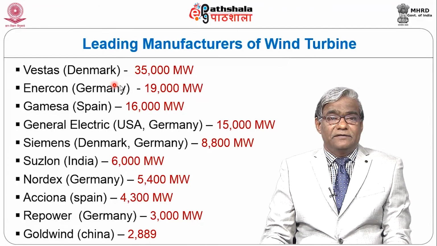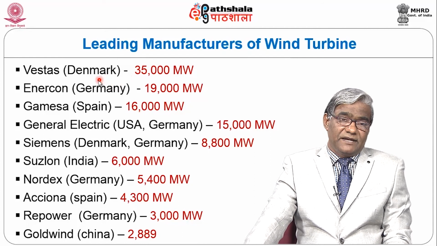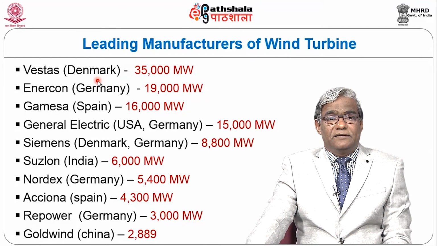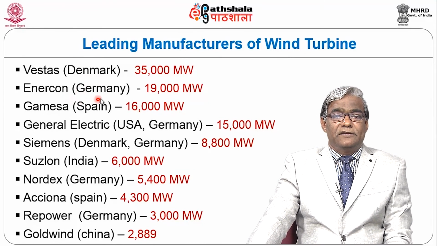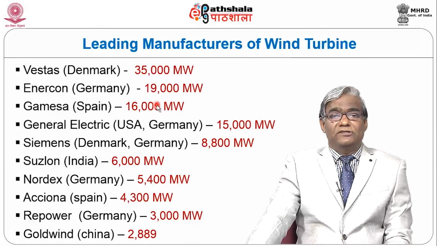In India there is a hub and an R&D unit, and the majority of the turbines are Vestas. And this is Enercon, a German based company, and they have installed about 19,000 megawatt all over the world.